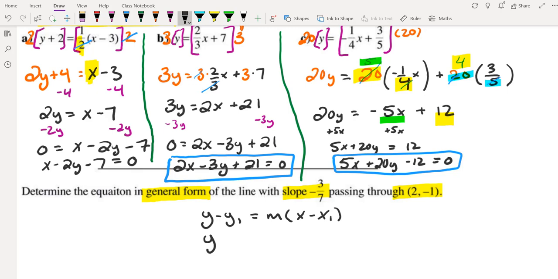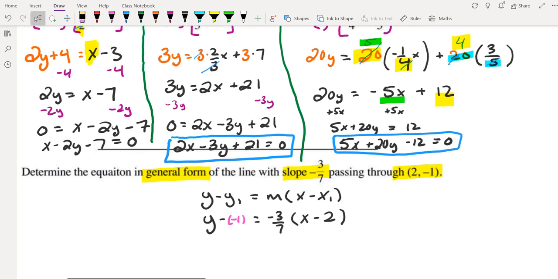We have y minus our y value, which is negative 1, and it equals our slope, which is negative 3 over 7, times x minus our x value, which is 2. And we clean this up. We have y, 2 minuses make a positive, so y plus 1 is equal to negative 3 sevenths times x minus 2. At this point, we have an equation of the line.